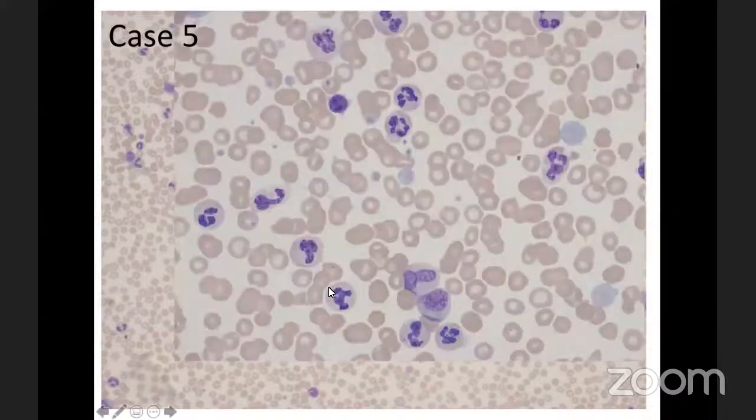At high power magnification, very nice morphology of the neutrophils, bands, metamyelocytes, myelocytes. They are not reactive, with no toxic granulation or vacuolation, not dysplastic. They look okay morphologically.